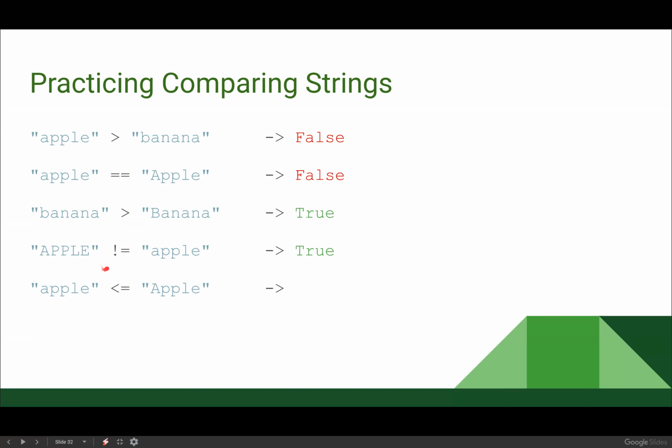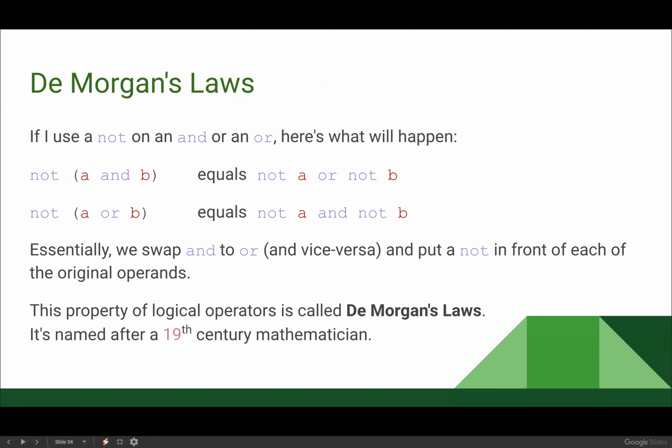Is apple less than or equal to Apple? False. Well done. So, just some practice on comparing strings. This is pertaining to one of the questions on the AP practice quiz that is on today's assignments.